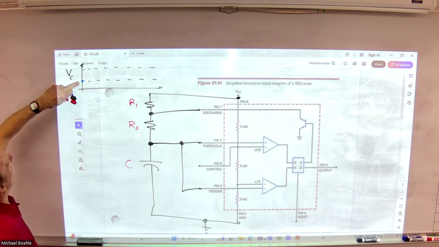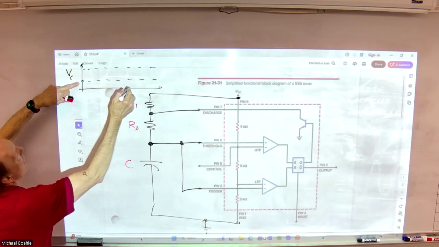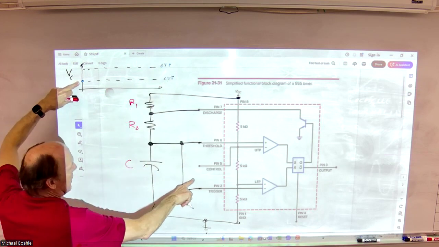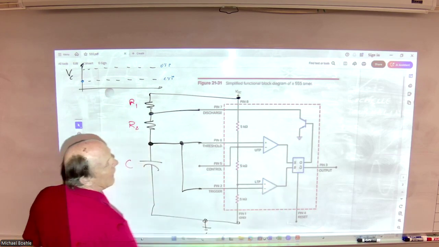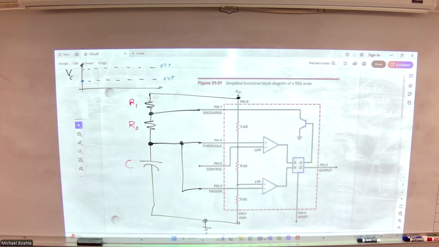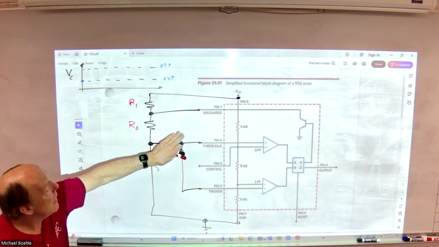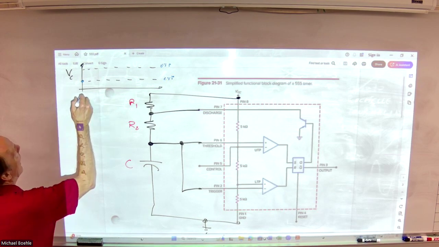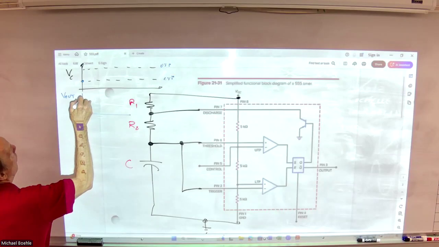Now, right at this point I have reached the lower trip point. And what happens with the lower trip point? When I reach the lower trip point, we reset. Q goes low, so this path here does not exist. Not Q goes high. So if I look at my output voltage, it went high.